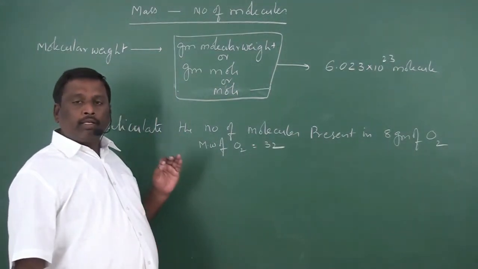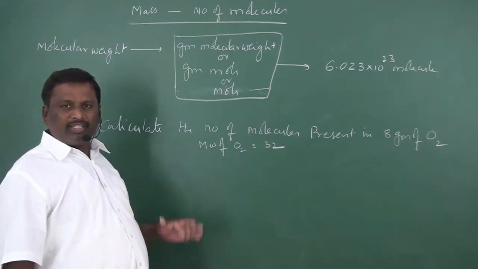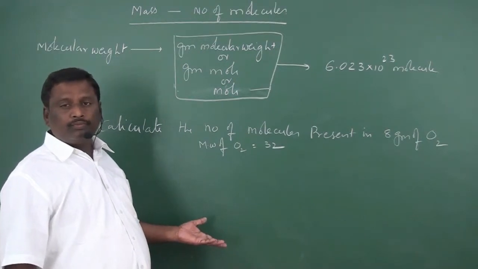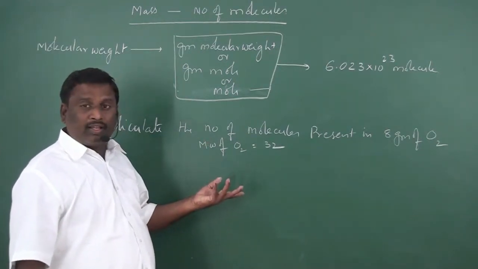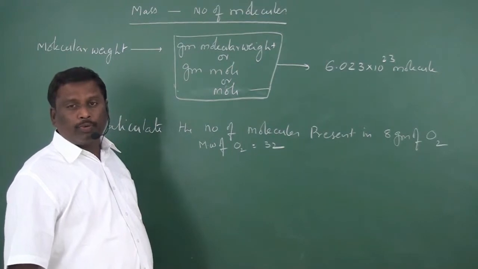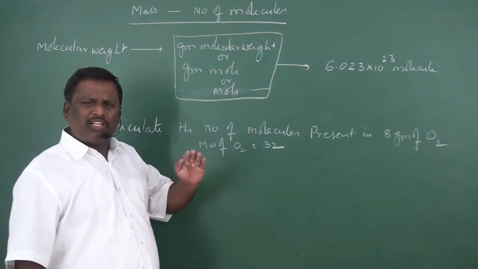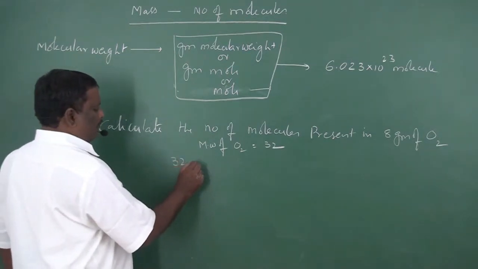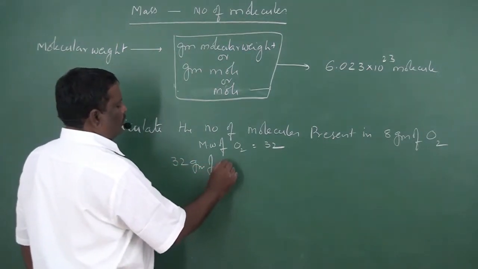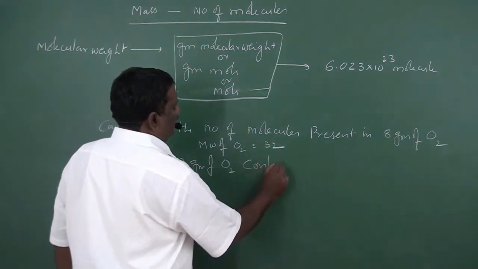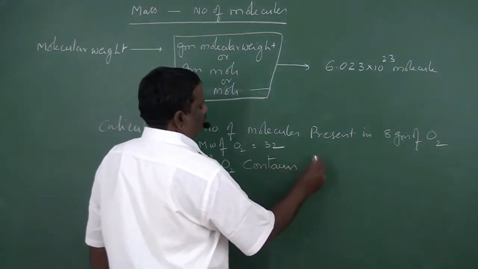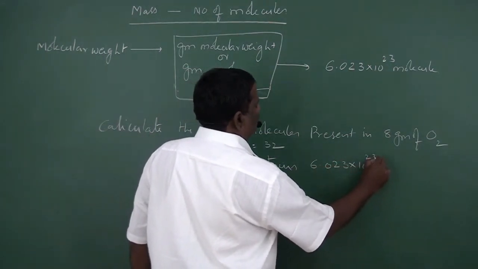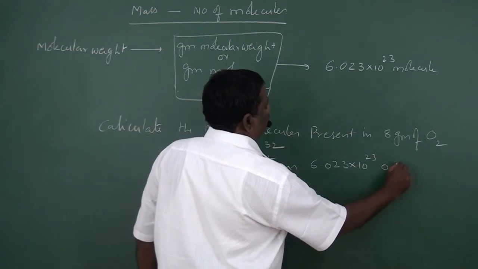So 32 grams of oxygen, that means gram molecular weight of oxygen, is equal to 1 mole. 1 mole of any substance will contain 6.023 into 10 to the power 23. That is the standard relation. So 32 grams of O2 contains 6.023 into 10 to the power 23 O2 molecules.